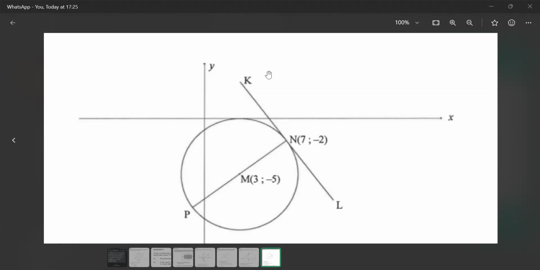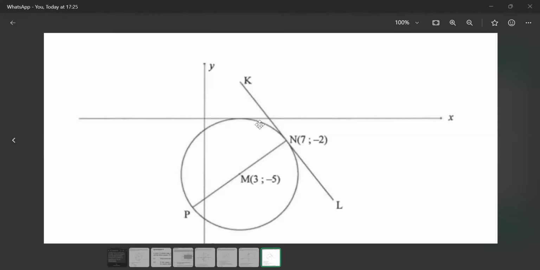And if two lines are perpendicular to each other, if you multiply their gradients together, the answer will give you -1. So that's the principle we are going to use in order to find the equation of KL. And the point of tangency is already given to us, so it's very nice in this case.